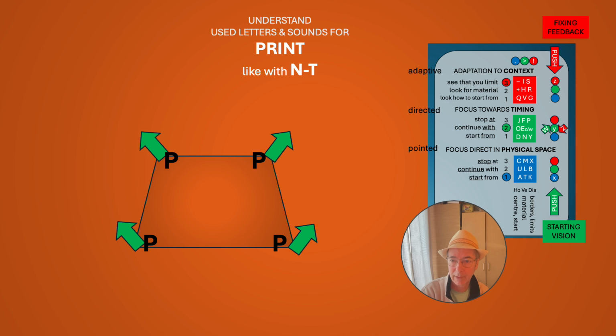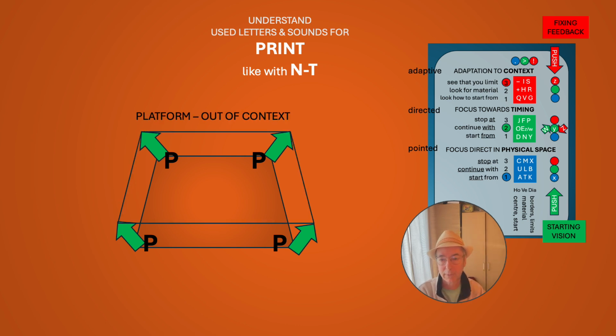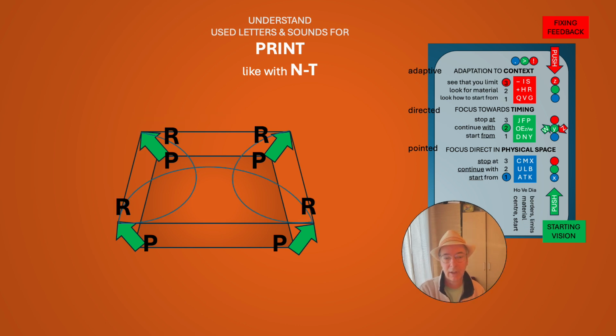So the P is that breaking out of the physical area to push it into a direction that pushes you to a new platform, a platform that already takes it out towards a different context. It shows a platform that is coming out. That is a P. The R will connect or find connections within that area.